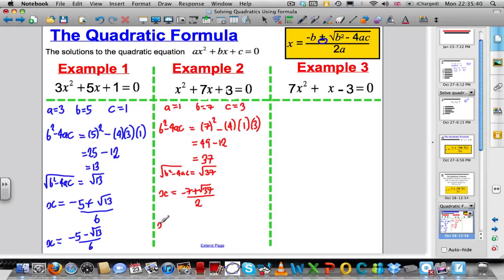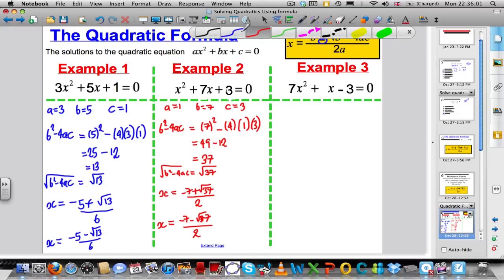The second x answer is almost exactly the same, minus 7, but this time subtract the square root of 37, all divided by 2 times a, which again is 2. Very easy to apply this formula. Again, you could work these out with decimals.